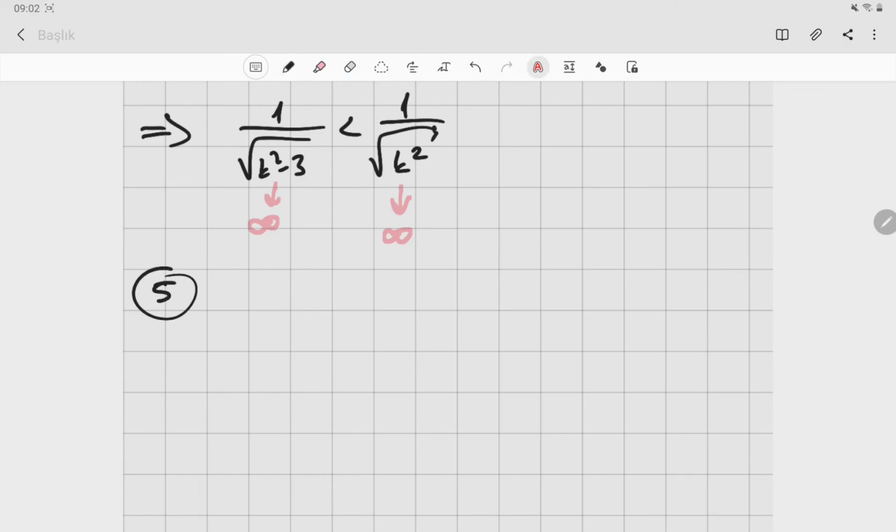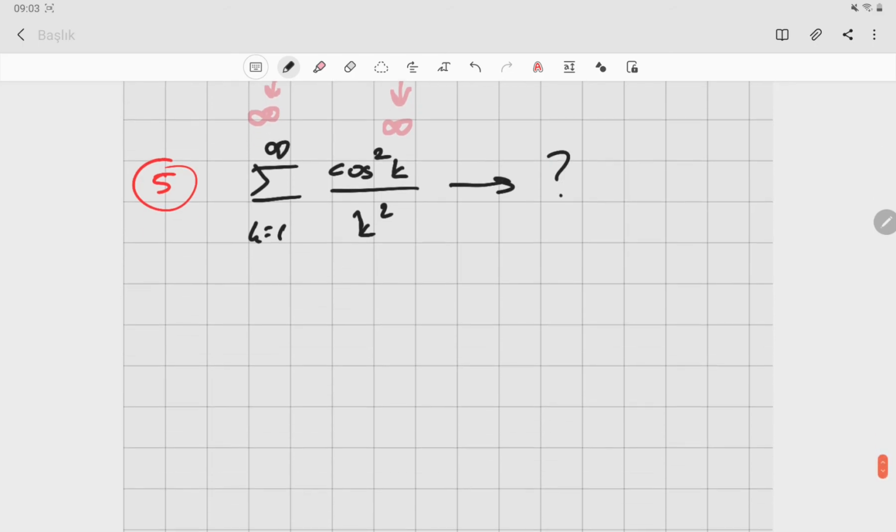Another example. So let's observe the convergence of the series cosine squared k over k cubed.